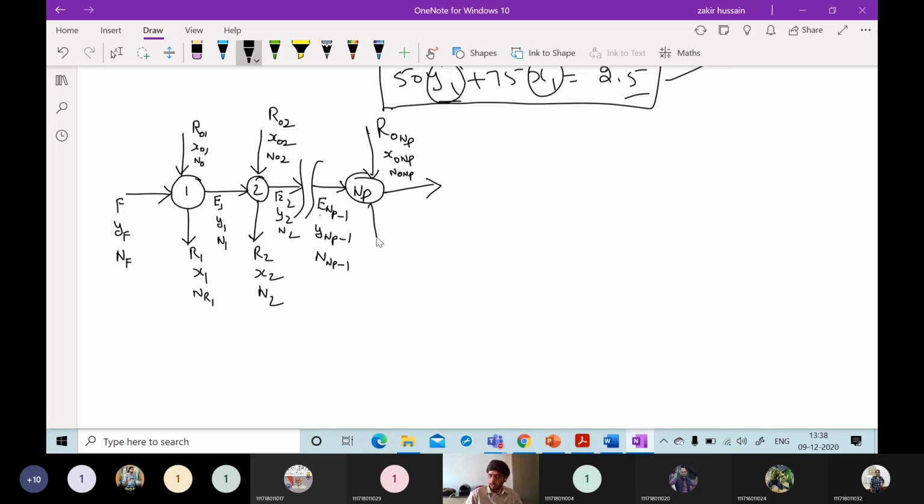Then two outputs are also coming from the final stage. One is a clear solution stage, which we can indicate as raffinate R NP from the NP stage, with a composition of solute on the NP stage as X NP, and insoluble solids on this stage as N NP. Then one more stream is coming, which is an inert solid stream with a weight E NP, with solute as Y NP, and inert solids as N NP.